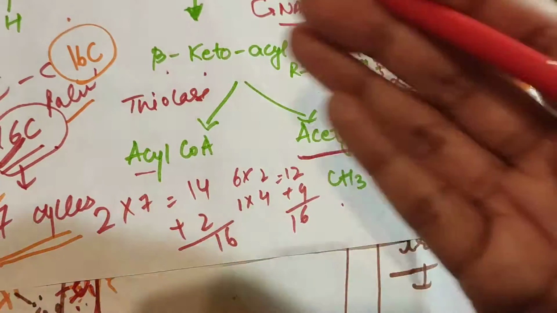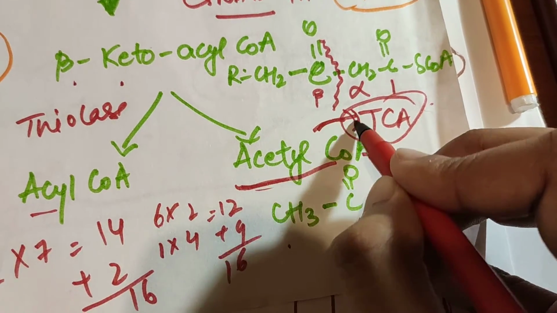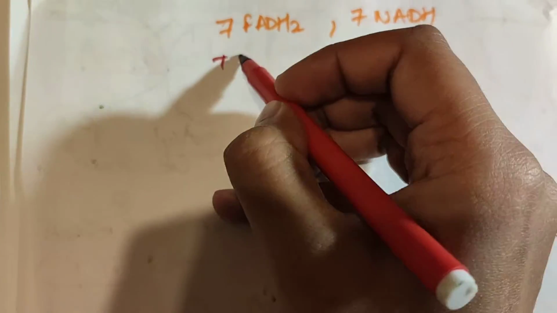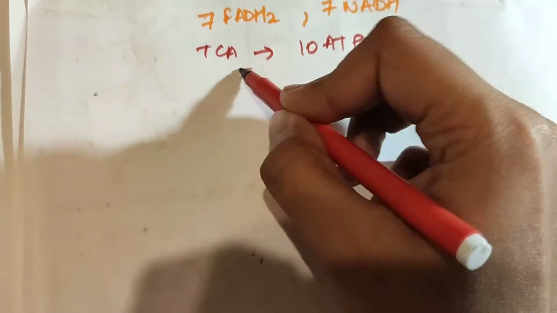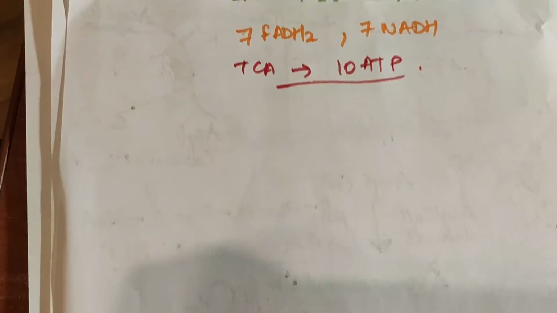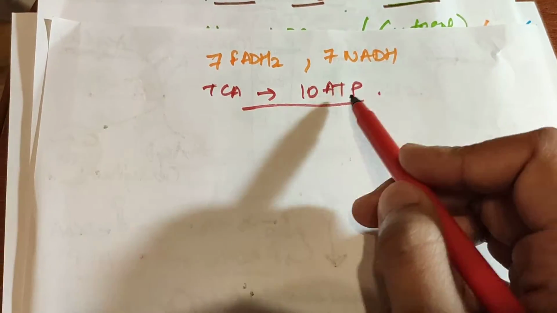Then the cycle continues. The Krebs cycle is also for energy. If you have learned the TCA cycle, then you will know that you get 10 ATP in each Krebs cycle.